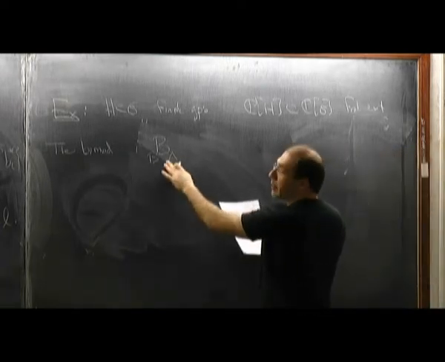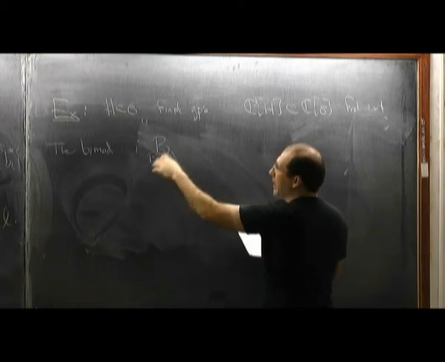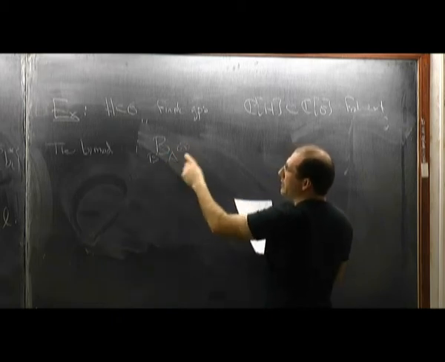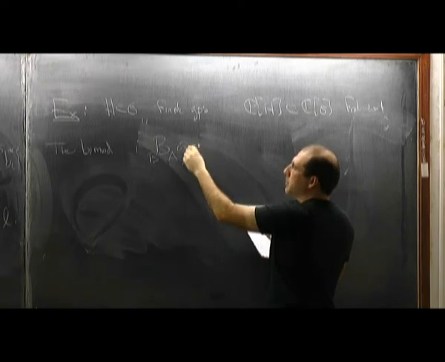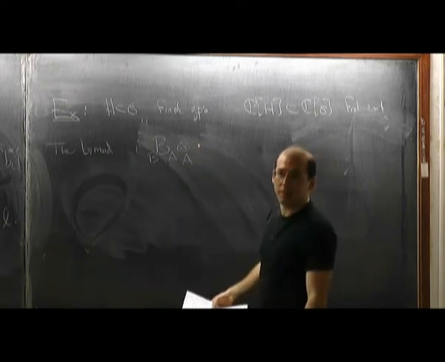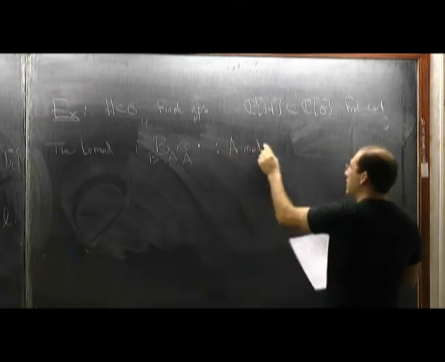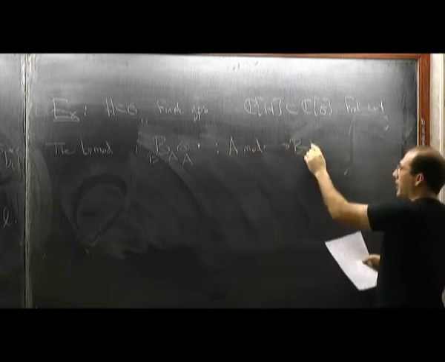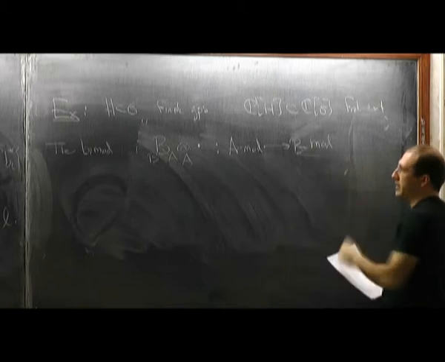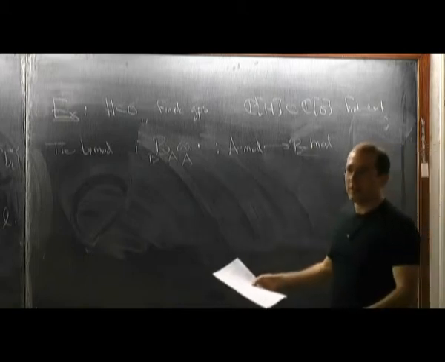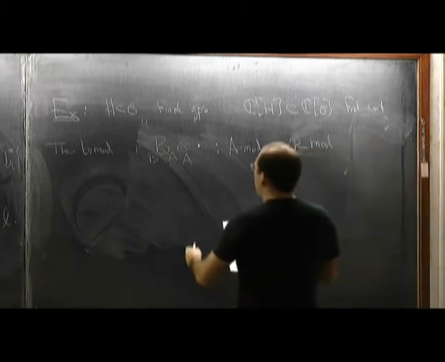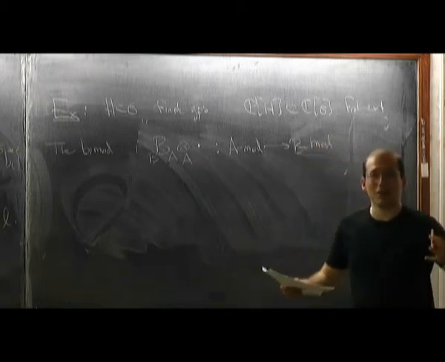OK, so this bimodule, B as a right A module and a left B module, you can tensor an A module with this thing to get a B module. And this gives you a functor from A modules to B modules. Whenever I think of a bimodule, I'm always thinking of it as a functor. So this thing is induction.